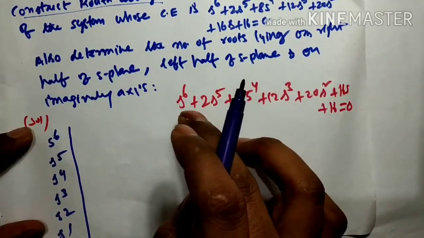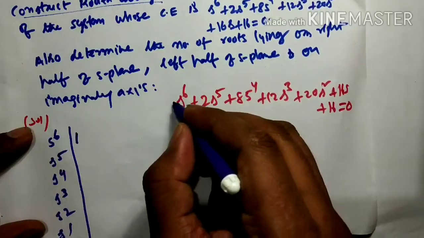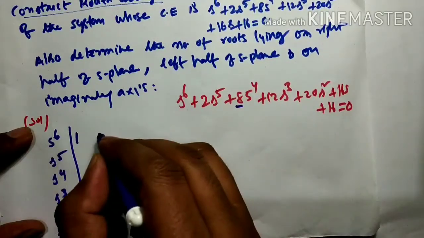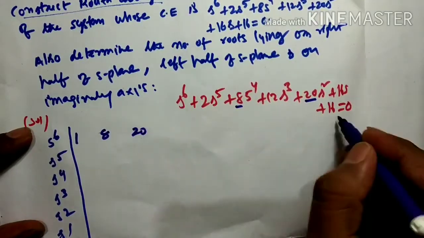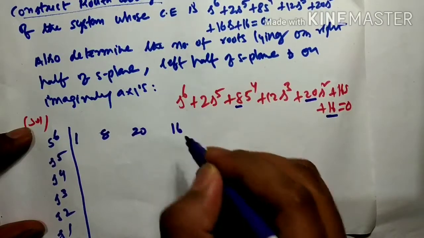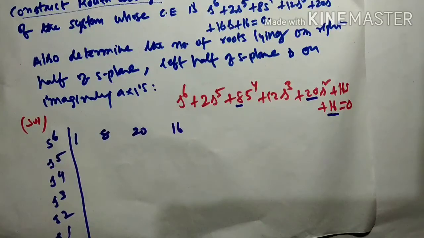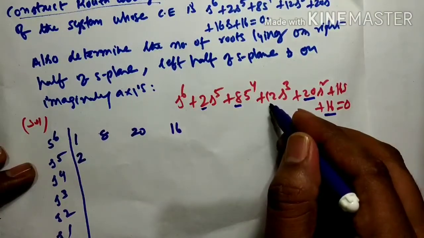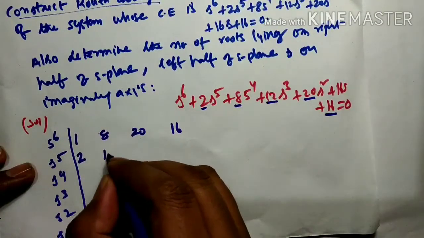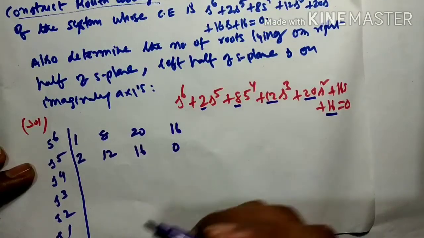The even power coefficients are: first 1, then 8, after that 20, and 16. Then the odd power coefficients are 2, then 12, then 16, and next is 0.